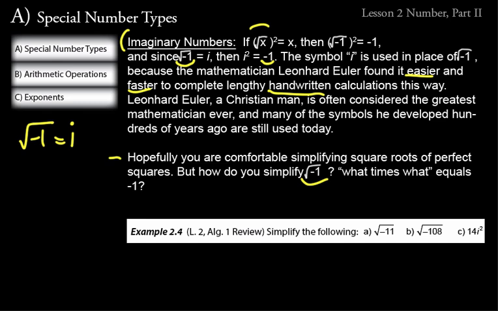There's nothing that works. You might have said, oh, minus 1 times 1. But no, those are opposites. They aren't the same number. It has to be the same number. What two numbers that are the same multiplied together equal negative 1? There's no real number that fits that. That's why we call this an imaginary number.